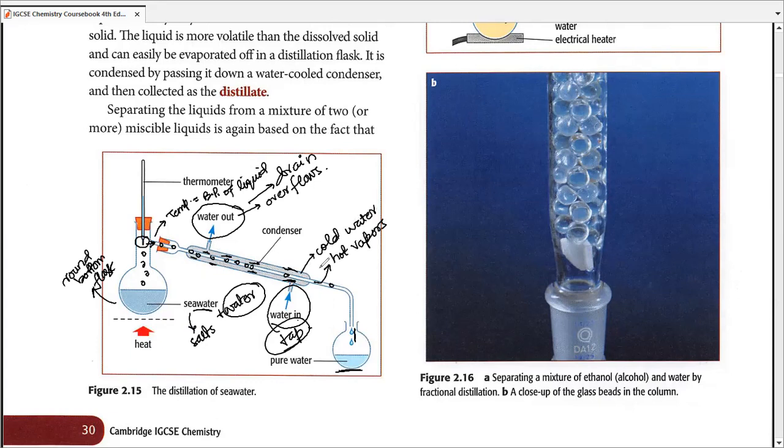When they come in contact through a glass, the vapors heat the water up, and this in turn cools the vapors. I need to write cools instead of colds the vapor. Cools the vapors, all right?